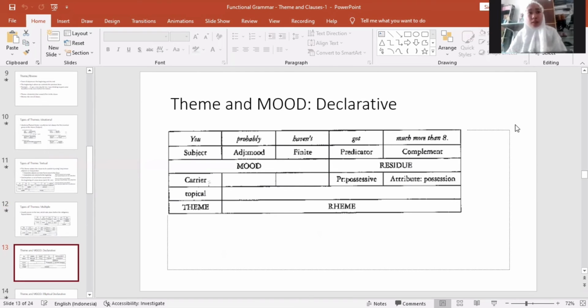The term indicative is used in a narrow sense as a synonym of declarative. For example: you probably haven't got much more than eight. You is subject in analysis of mood, probably is adjunct of mood, haven't is finite, got is predicator, and much more than eight is complement.